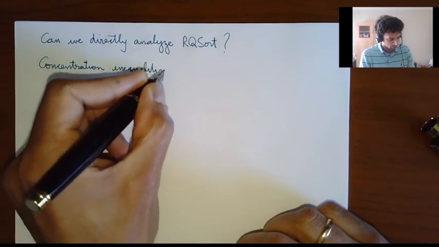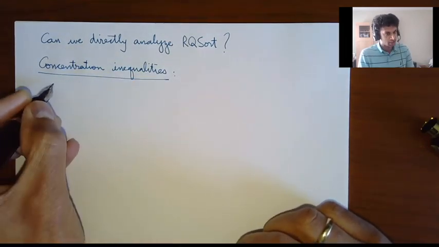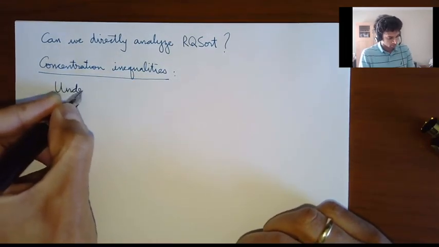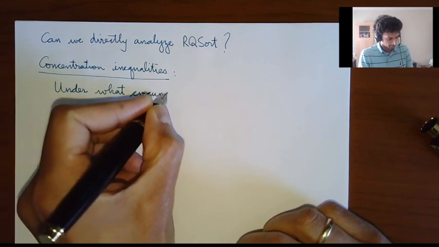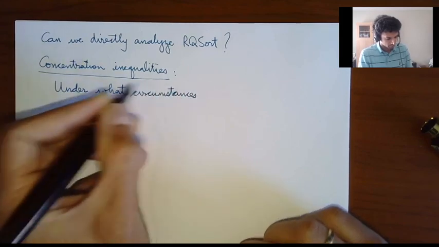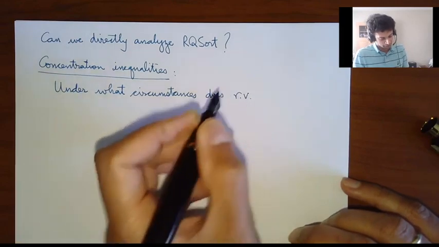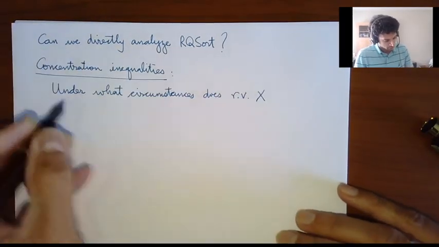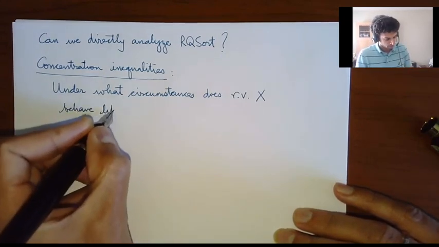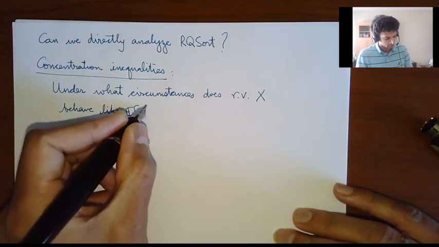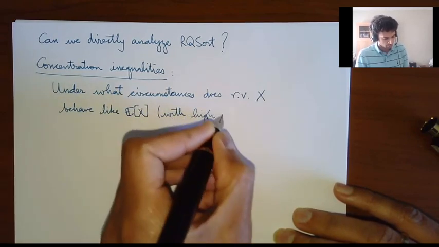We need concentration inequalities, which essentially tell us under what circumstances does a random variable X behave like E of X with high probability.